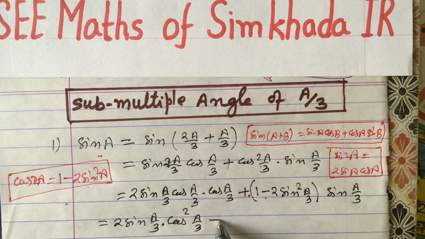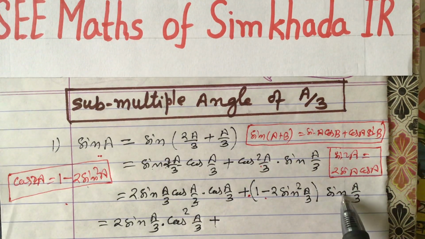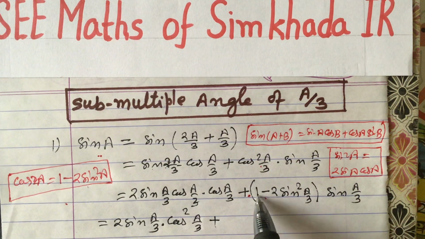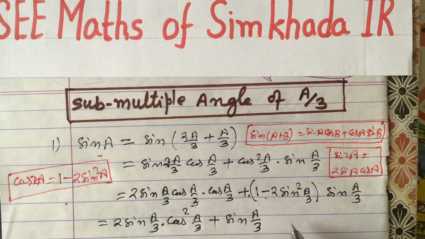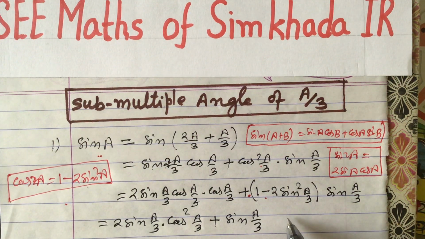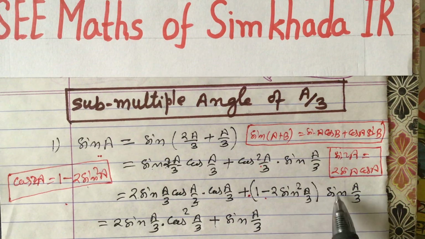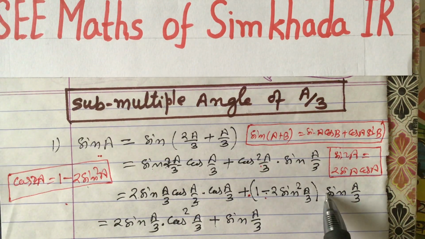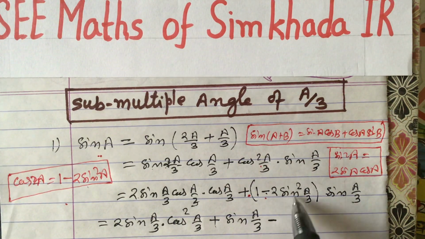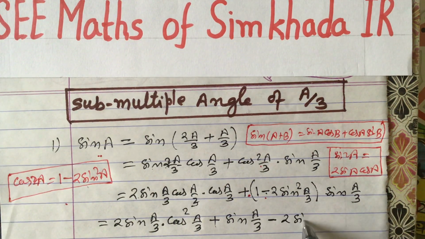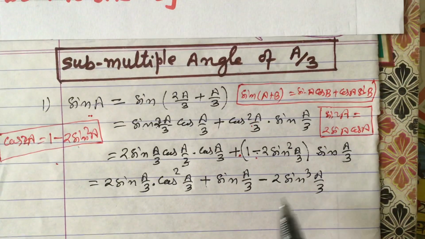Okay. And then plus, we can multiply this and this. Sine A by 3 times 1 is sine A by 3 as it is. Okay. Now, see this one, minus times plus times minus is minus. So sine A by 3 times 2 sine square A by 3 is 2 sine cube A by 3 we got here. Now, let us continue.